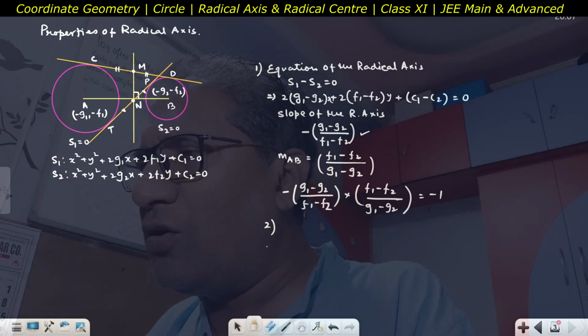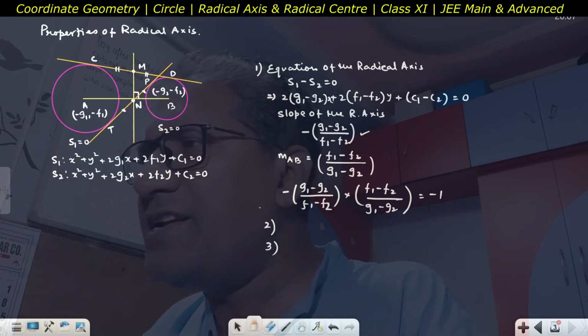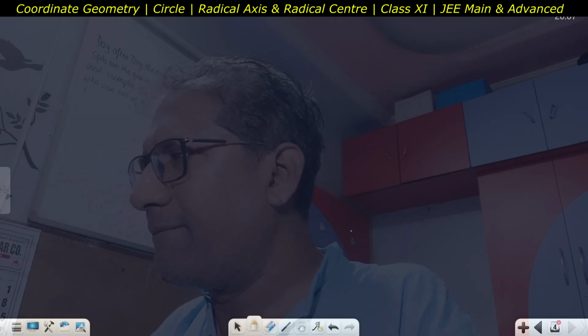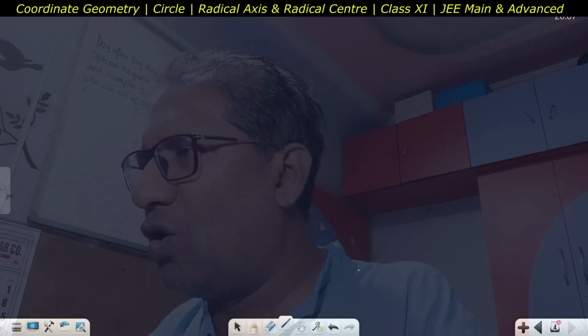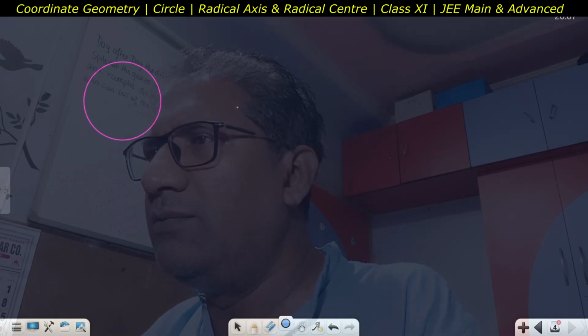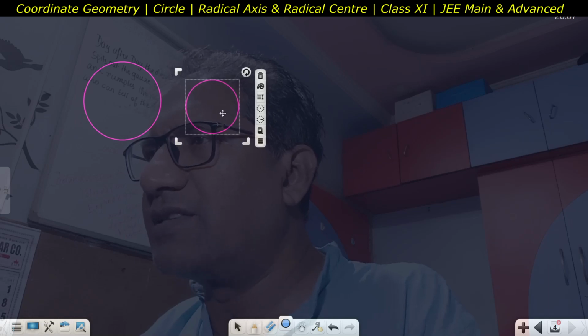Now let us come to property number 3. Let me go to the next page and draw two circles first. So this is one circle and this is another circle.